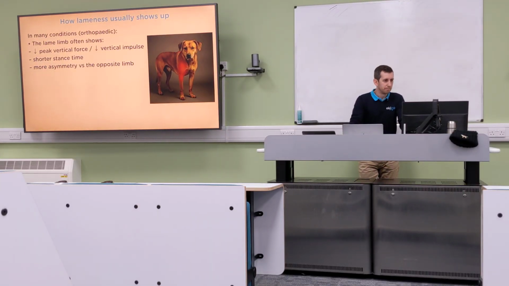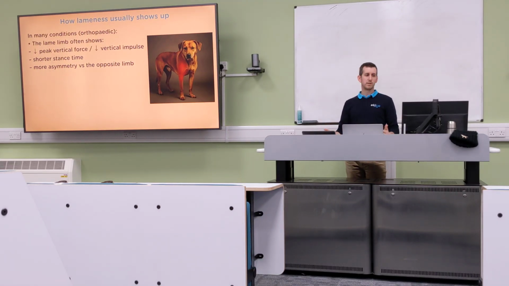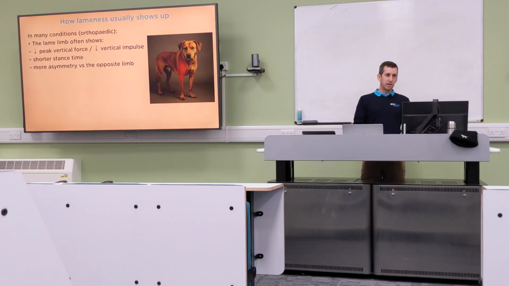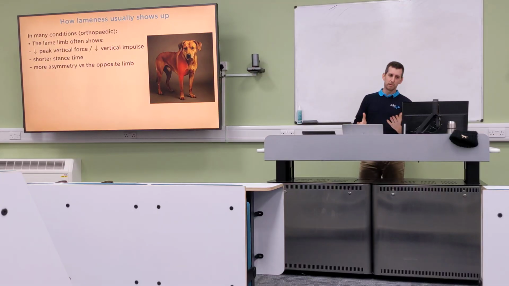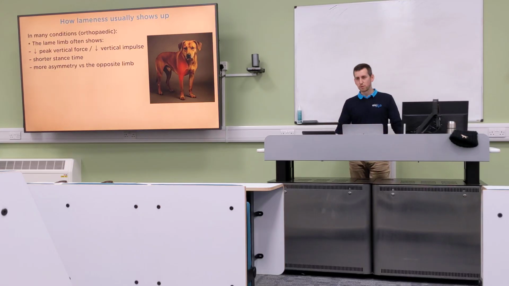So it is always difficult to have one rule when we say there is a lameness. So a lameness should be like A, B, C. There is no absolute rule, but we can give you an idea and help you. So basically, a lame limb will often show less peak vertical force and a shorter stance duration.